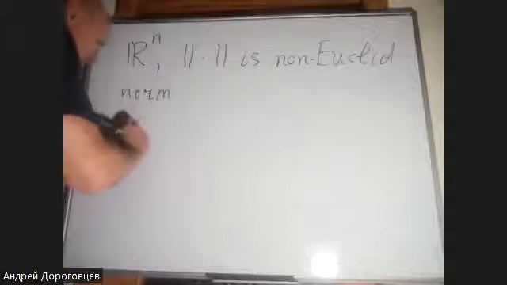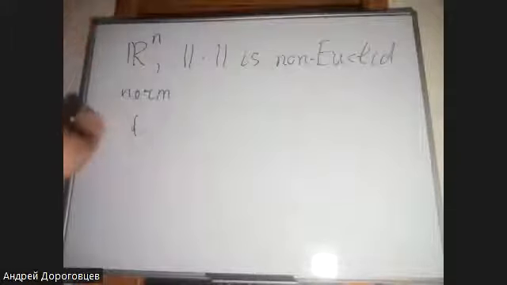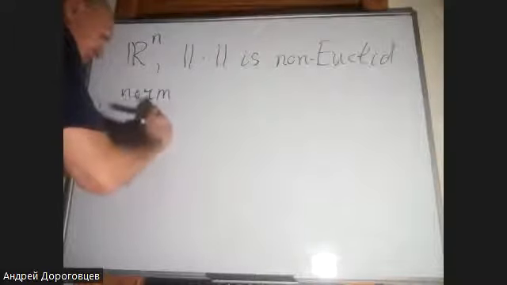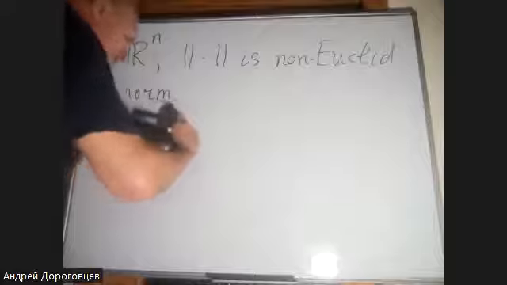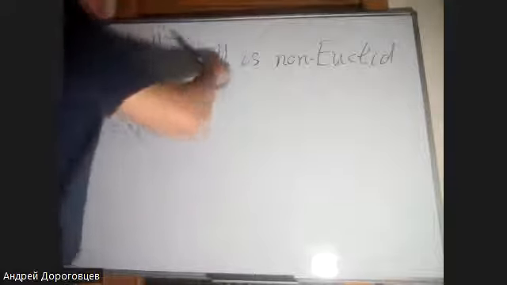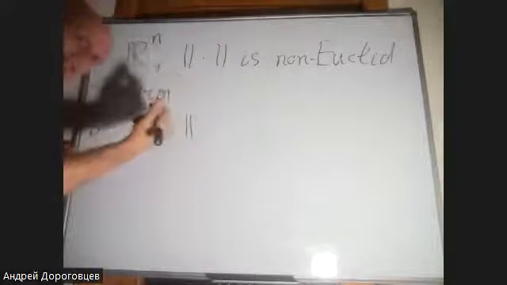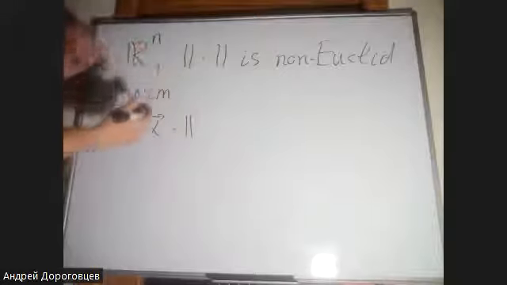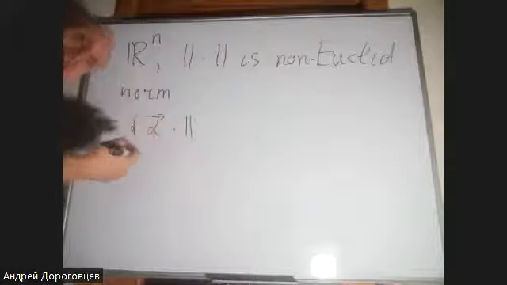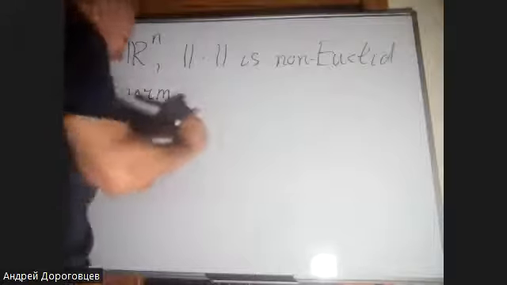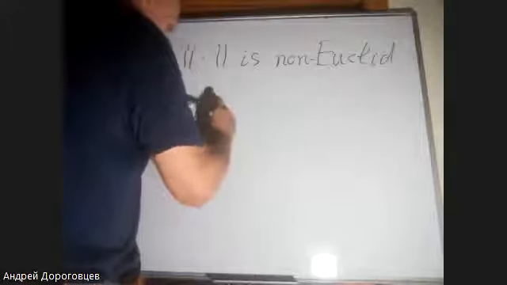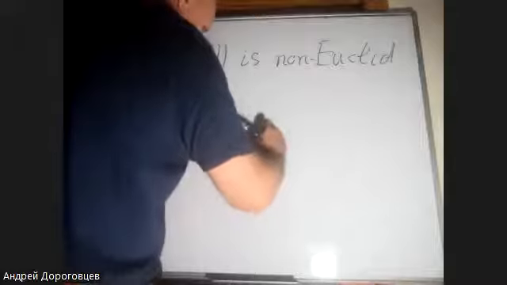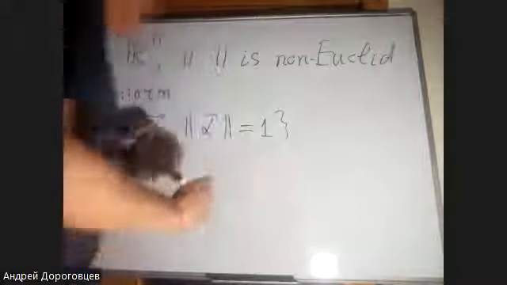I will denote it by S capital. This is the set of such alpha with arrow, such that the norm, which is induced by our original Banach space, is equal to 1.